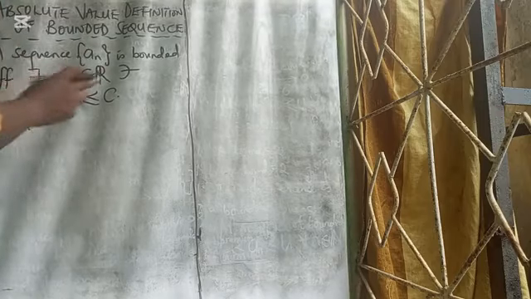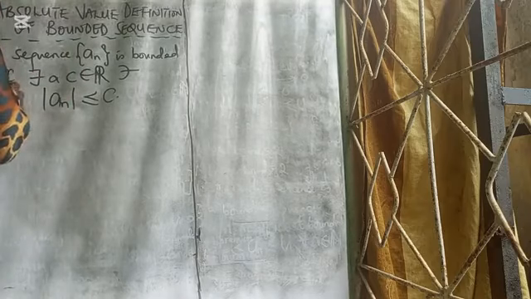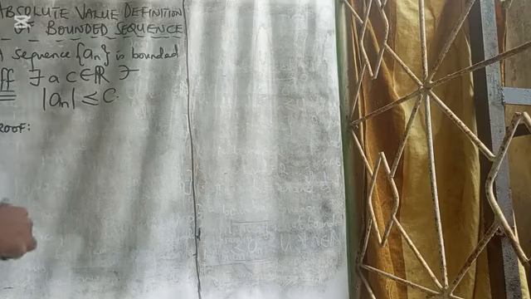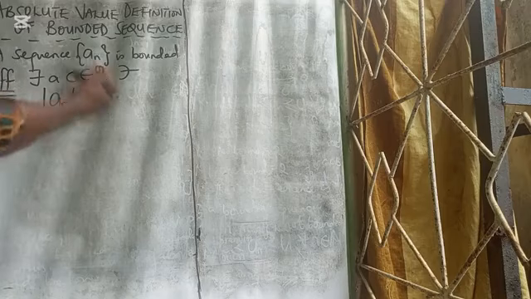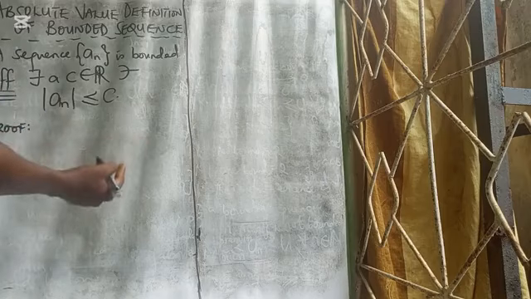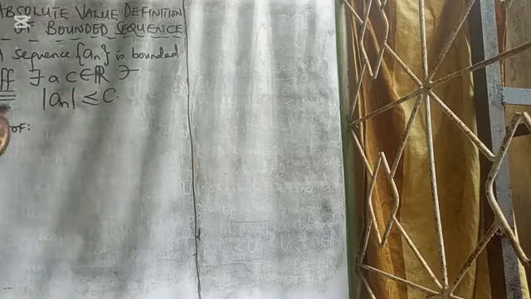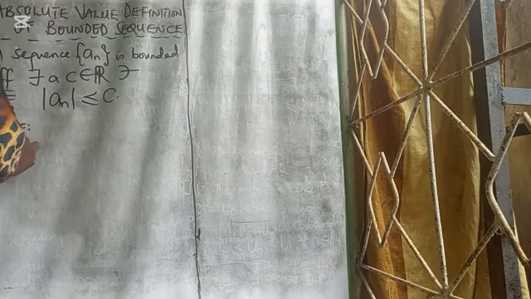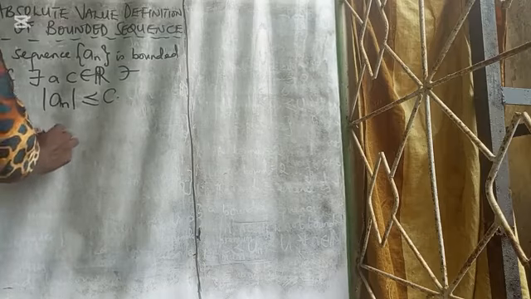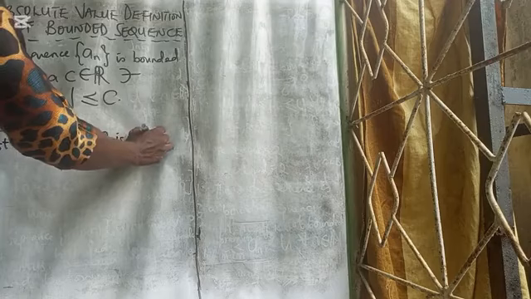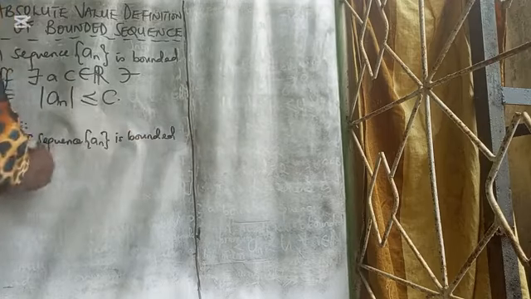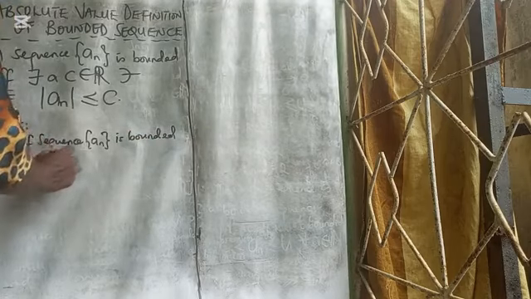But if we look at our definition, it makes use of what? If and only if. That means what? It is a two-way proof. The first side of the proof is to show that if sequence A sub n is bounded, then what?